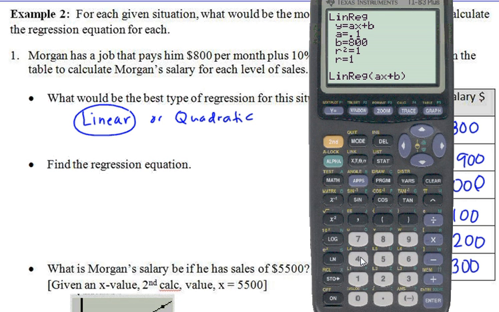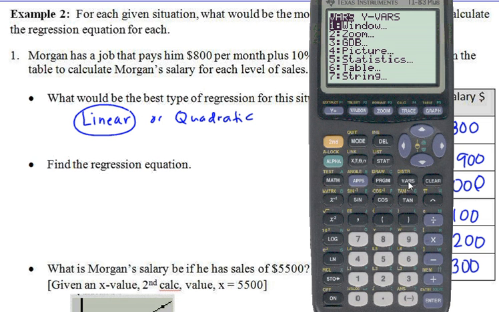Now how do we want to put it? There's a way to put it into Y1 automatically. How do you put it into Y1 automatically? We did this yesterday. Okay, variables, so VARS. We're putting it into Y1. So when we go here, we don't push enter. We're going to do our linear regression. Don't push enter, because I want to also put it into Y1. It makes the regression equation and puts it into Y1.